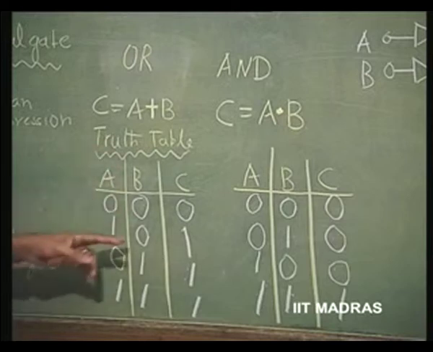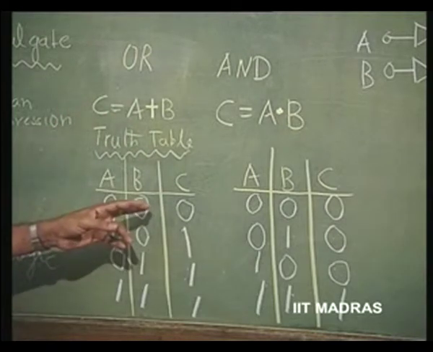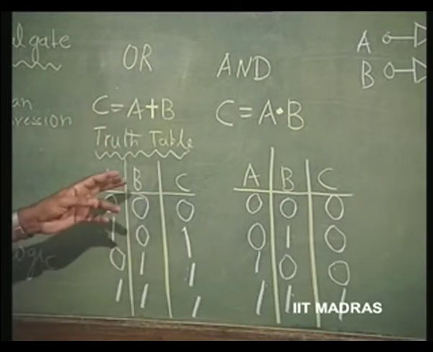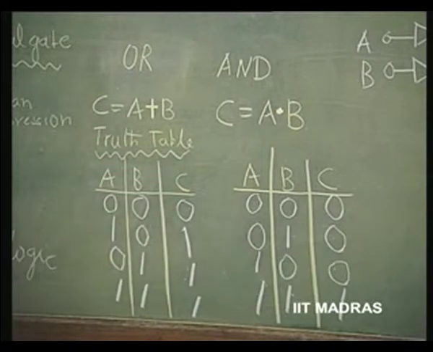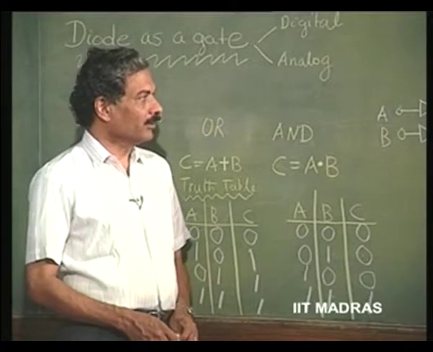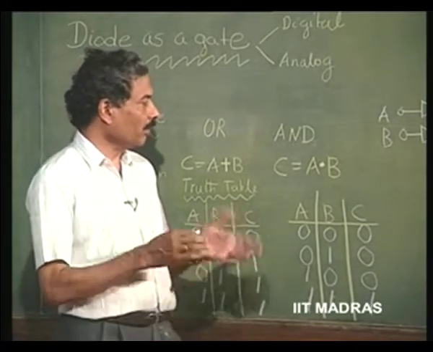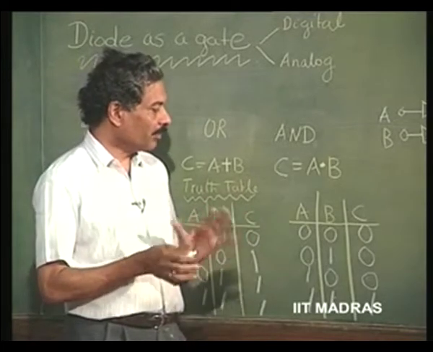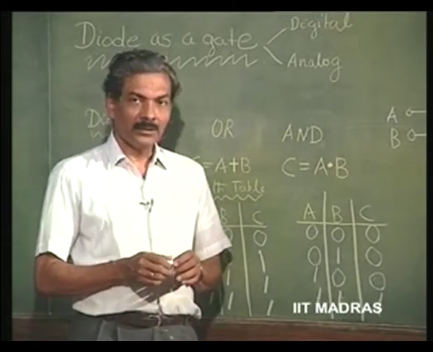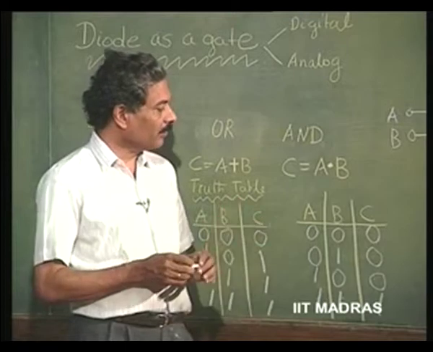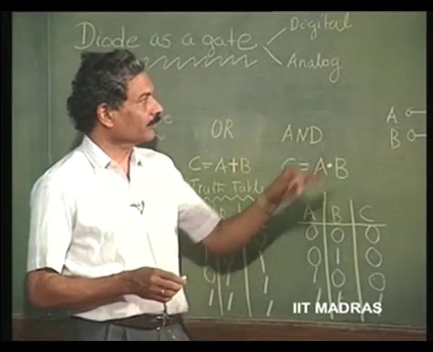So, you will see that this will look like AND and that will look like OR. So, AND and OR are going to be interchangeable, in positive and negative logic.